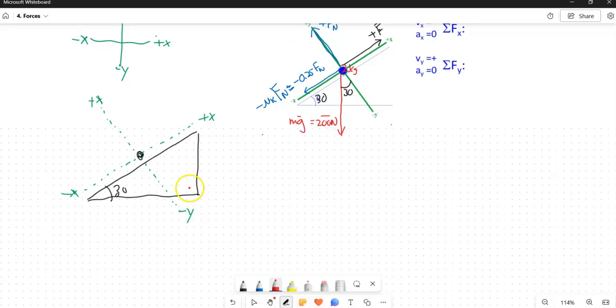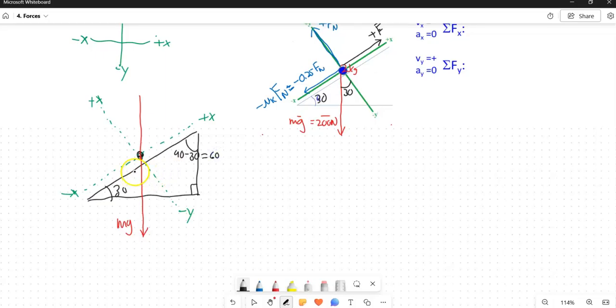So I'm going to draw our mg vector pointing straight down, and I'm going to continue that line straight up. Now, we know if this is 30 degrees and this is 90 degrees, then this is going to be 90 minus 30 degrees, which is 60 degrees.